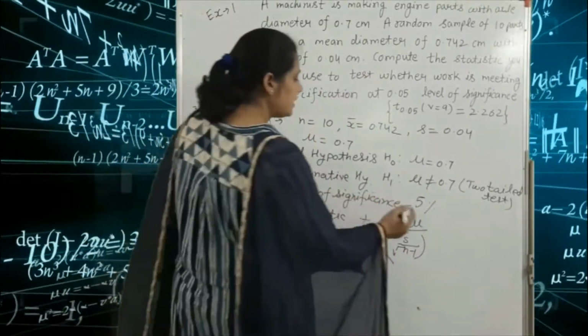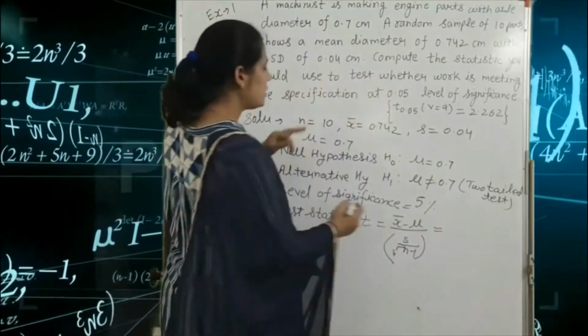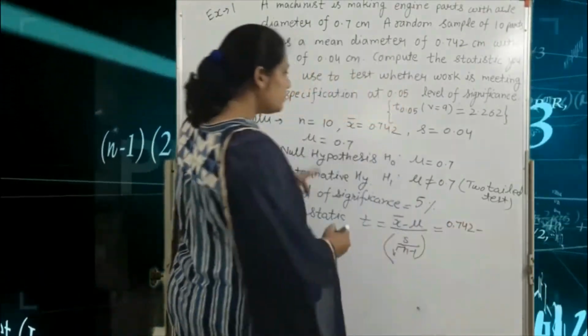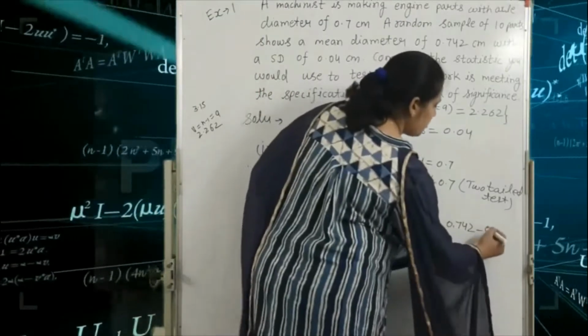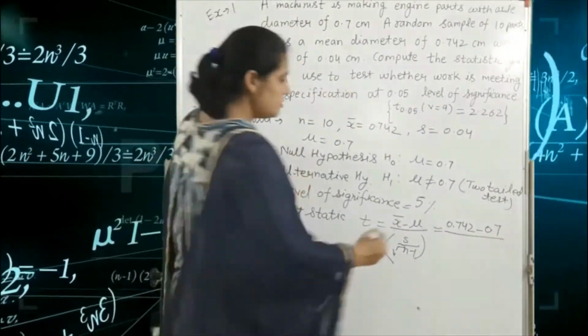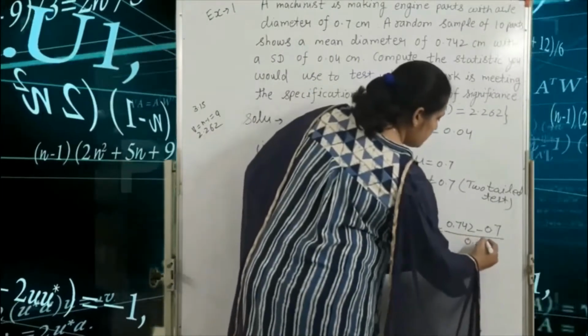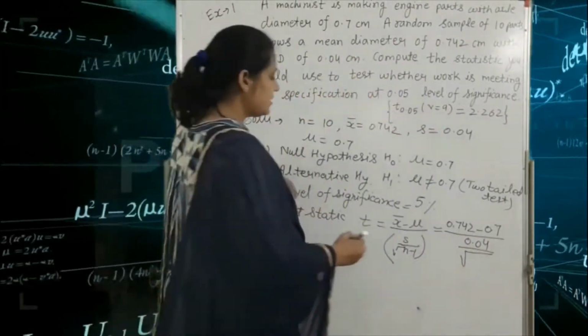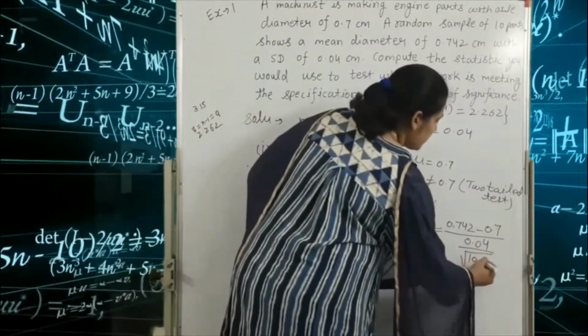So here x bar is equal to 0.742, mu is equal to 0.7, divided by s is equal to 0.04 divided by root n minus 1. n is equal to 10, so 10 minus 1.